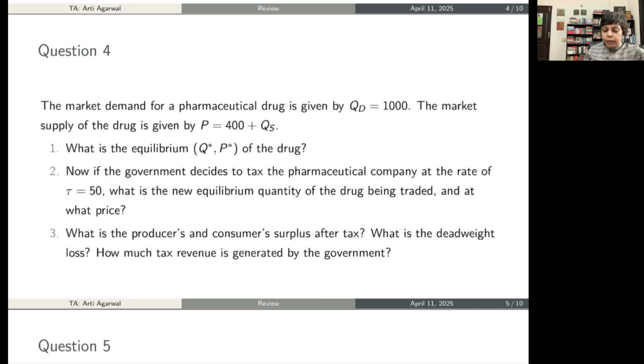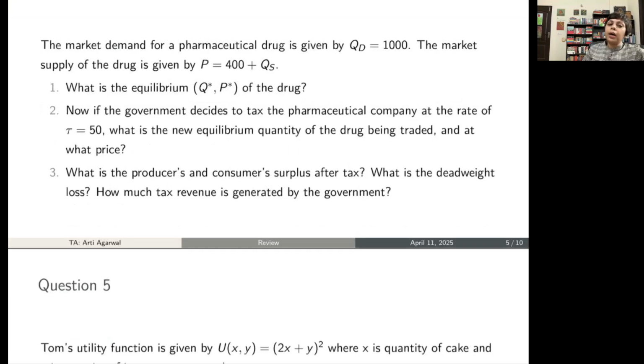Now, if the government decides to tax a pharmaceutical company at a rate of tau equal to 50, what is the new equilibrium quantity of the drug being traded and at what price? Remember the demand is inelastic, and when the demand is inelastic, what usually happens?